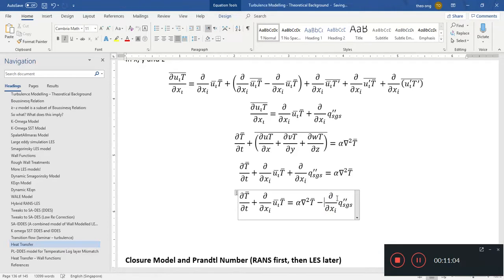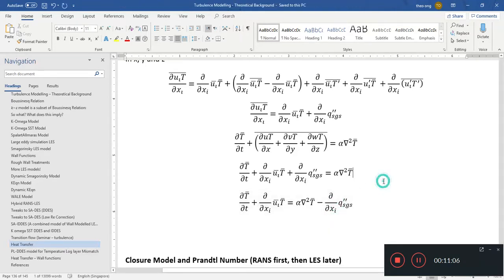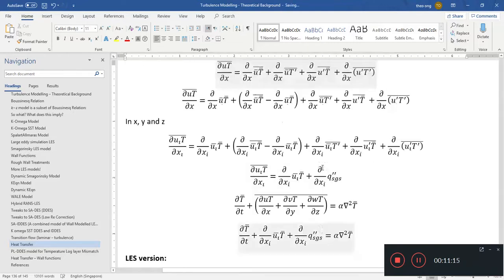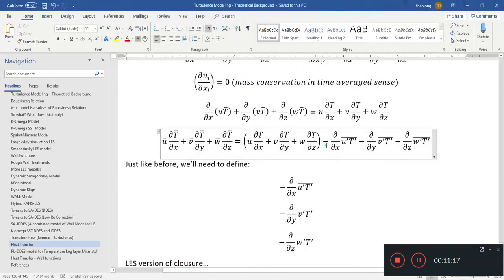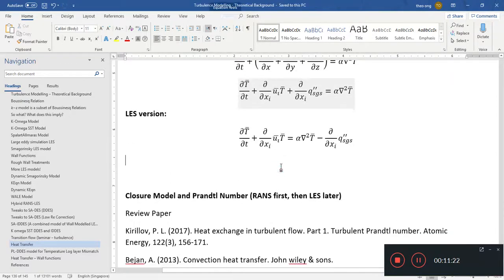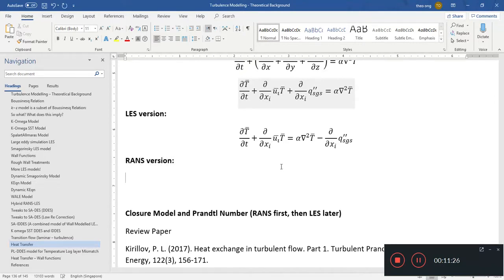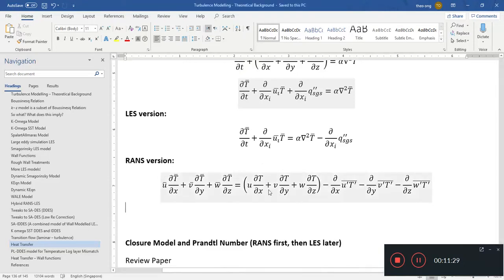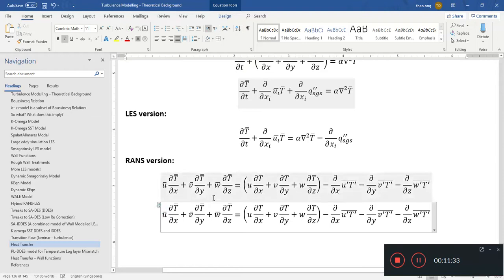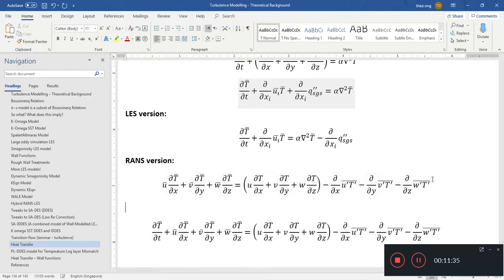And yes, so we can see a slide. This is the LES version. And then for your reference I'll put the RANS version over here. Of course, in the unsteady Reynolds-averaged Navier-Stokes, the RANS version, you'll be like that.